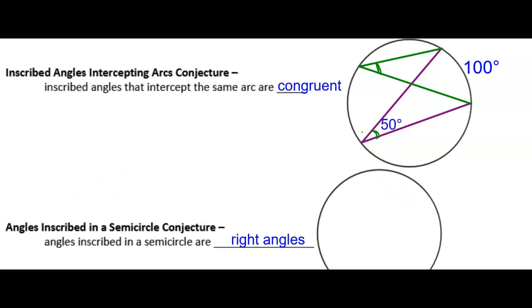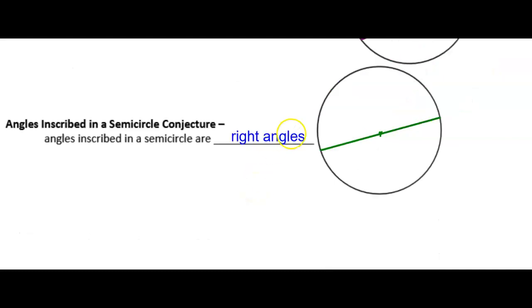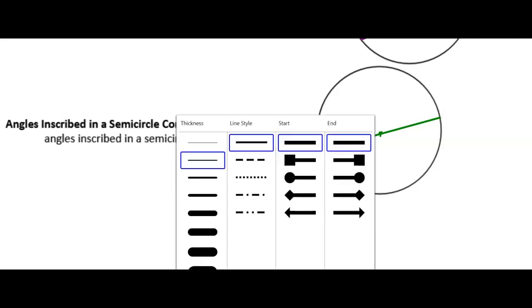All right, next one, inscribed angles in a semicircle says that if you have angles inscribed in a semicircle, they are always going to be right angles. All right, so in order to have a semicircle, remember you have to have the diameter, and then from there we can use that semicircle as the arc.